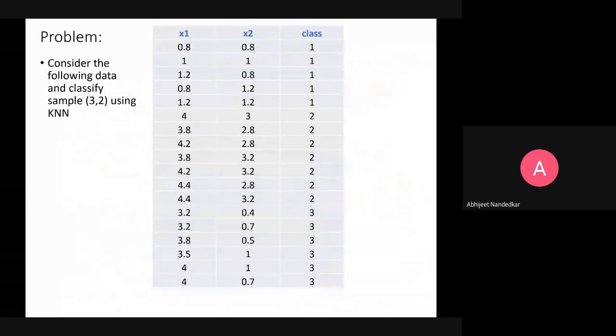I will take one example. Consider the following data, similar to the earlier data. We have the same sample 3, 2, and we have to use modified KNN here. So what is the first step? The first step is the same: find out all distances.